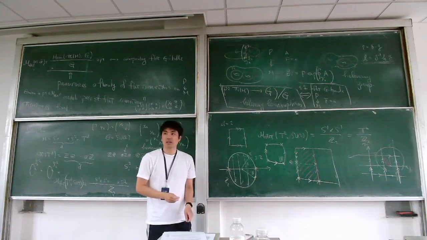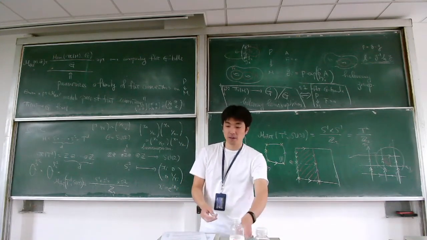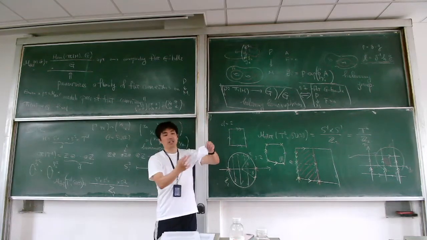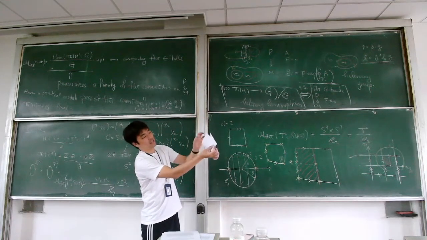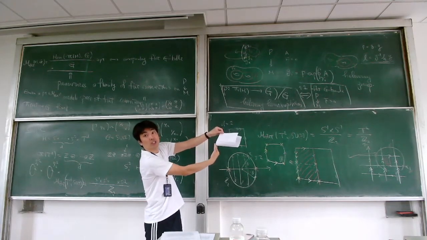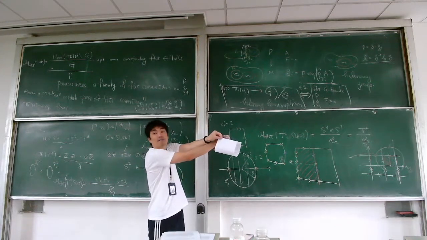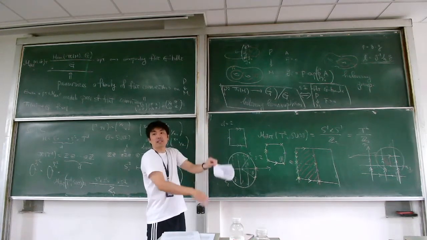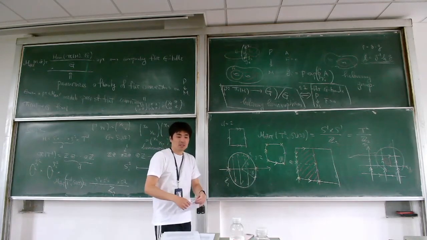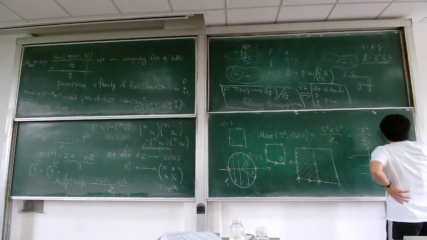Okay. At the end of the day, it looks like a pillowcase. Do you understand what I mean? So given a sheet, you just identify the top and bottom and the edge, but inside, this face is not identified with the opposite face. Then at the end of the day, you get something like a pillowcase. So the moduli space of flat connections, T2 mod Z2, is called a pillowcase.